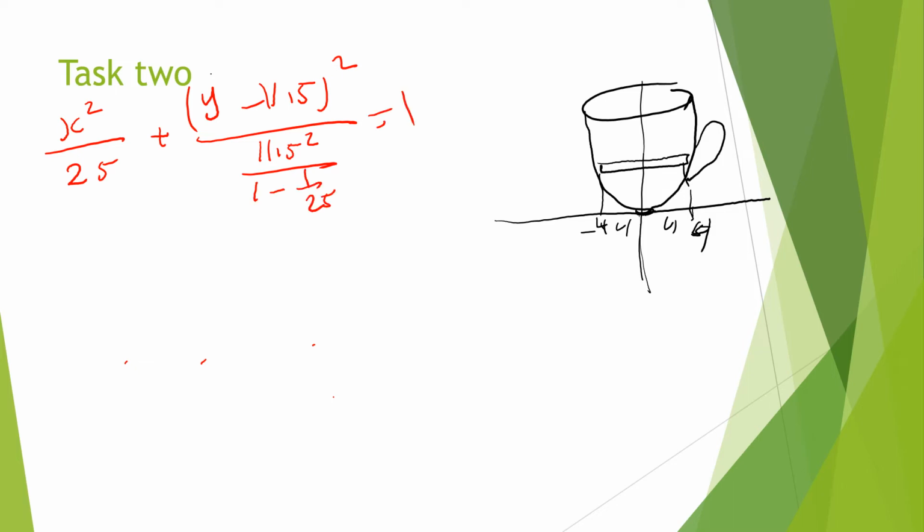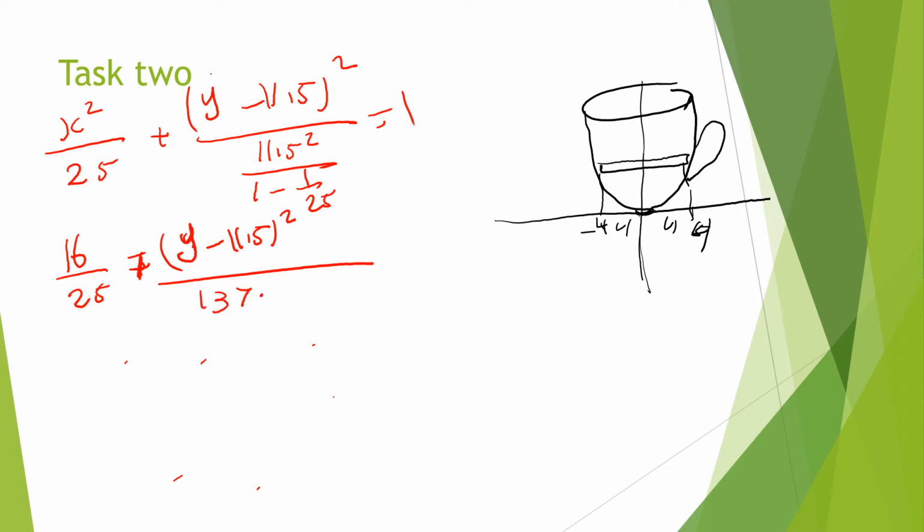Now I'll substitute 4 instead of x, so I get 16/25 plus... I'll find the answer for this in the calculator. So the answer for this one is 137.76, rounded to decimal places, equal 1.